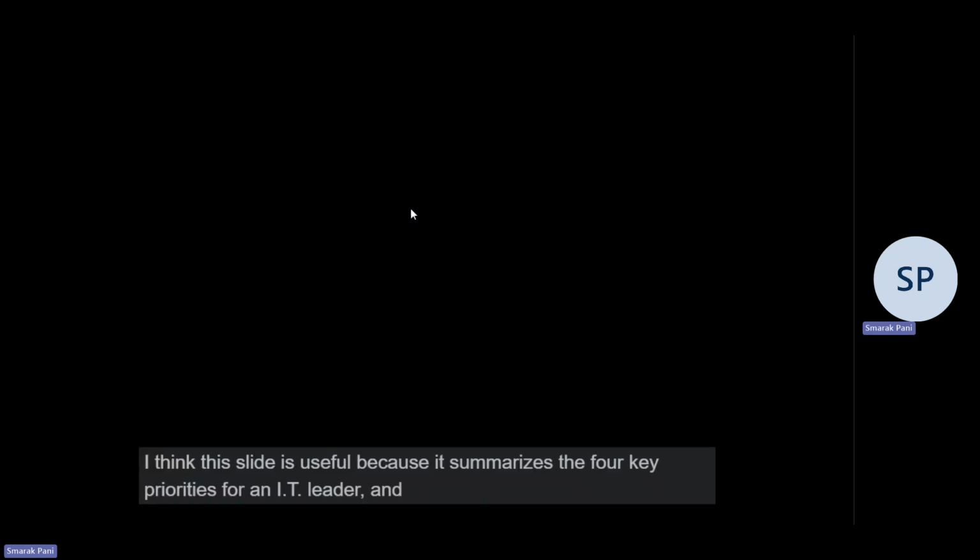I think this slide is useful because it summarizes the 4 key priorities for an IT leader, and this is taken from Brian Lilly, who at the time was CIO of Equinix, and he puts it quite well. The 4 priorities are operational, transformational, innovation, and organizational. And I would say that all CIOs have to deal with all these 4 different aspects to a larger or lesser degree.